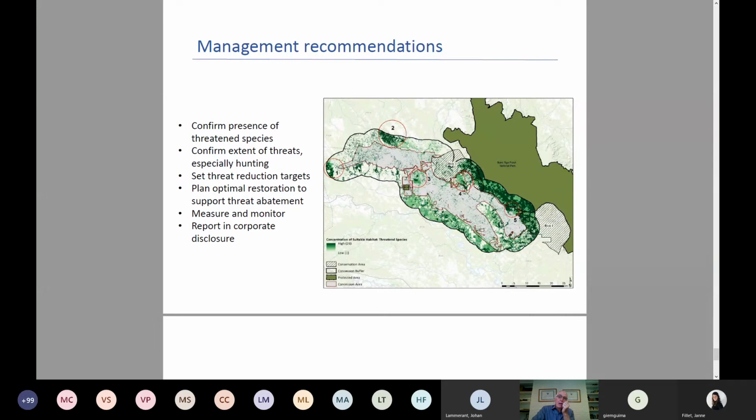Plan the restoration plans that will enable you to join up existing areas of habitat and maximize the opportunity for species extinction risk reduction through species movements. And then monitor all that as you go with action on the ground, which also, of course, will create employment opportunities for local people. And that gives you then an opportunity to show in your corporate disclosure that you've contributed to metrics or outcomes that are compatible with global targets that you can then say are contributions to the global effort to reduce species loss.